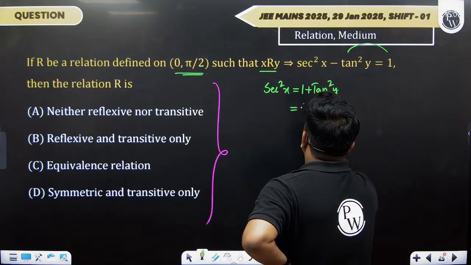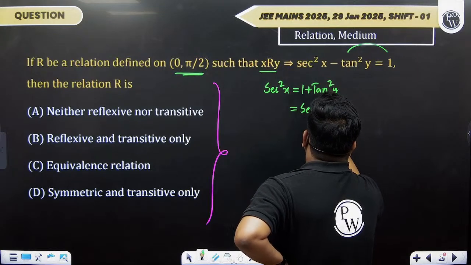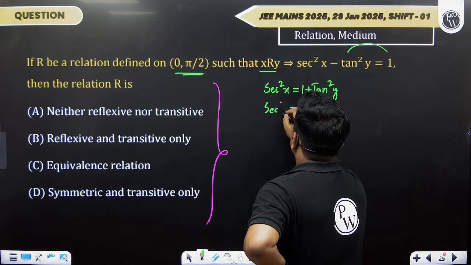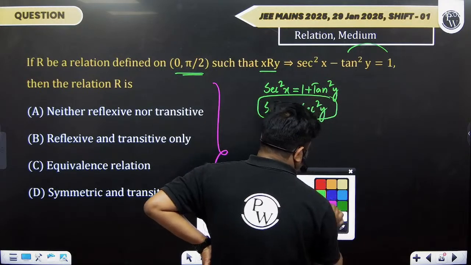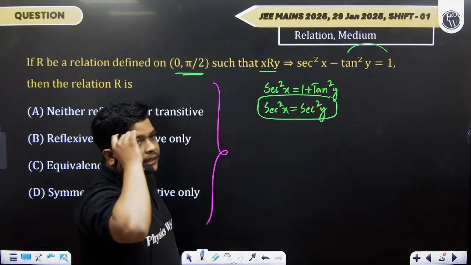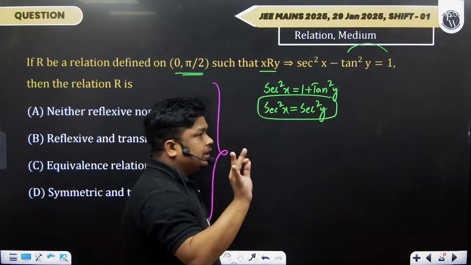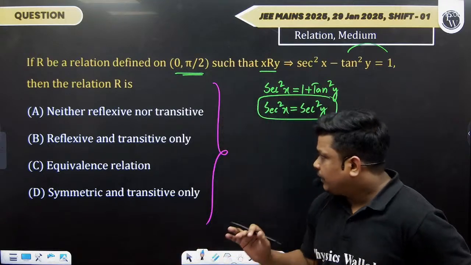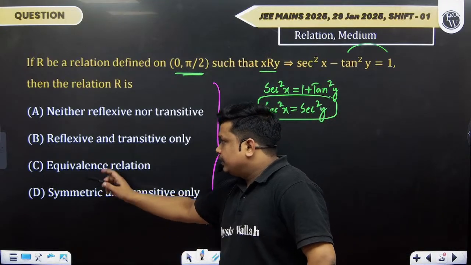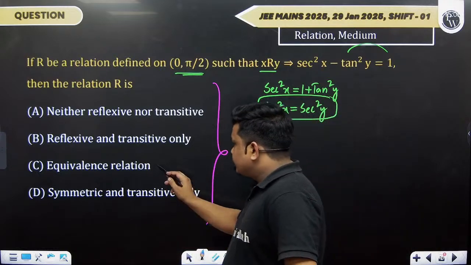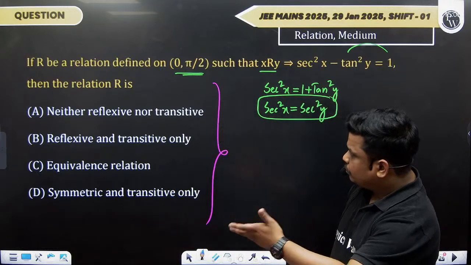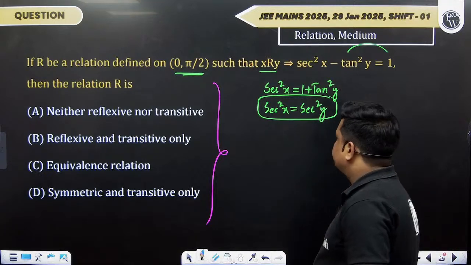Now this becomes secant square y. So this becomes secant square x. Now we have to judge whether this will denote, there are three types of relation. So we have to judge symmetric, reflexive and transitive. If it is all three, the answer is going to be equivalence. If it is one of them, we'll see according to that what option fits.